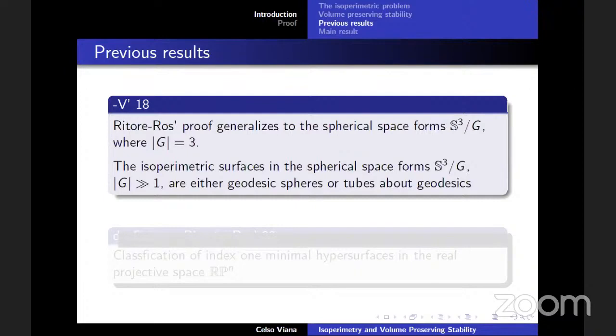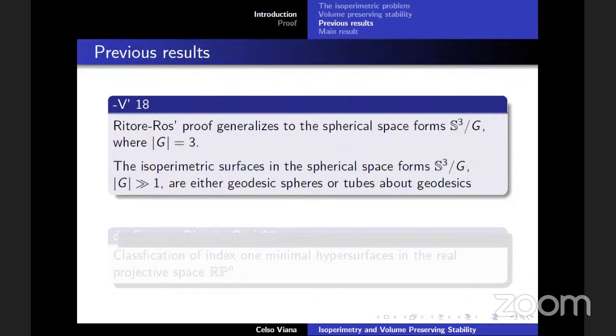These are the only possibilities. For the order of the fundamental group between 2 and these large fundamental groups, we don't have techniques at the moment to address this problem.